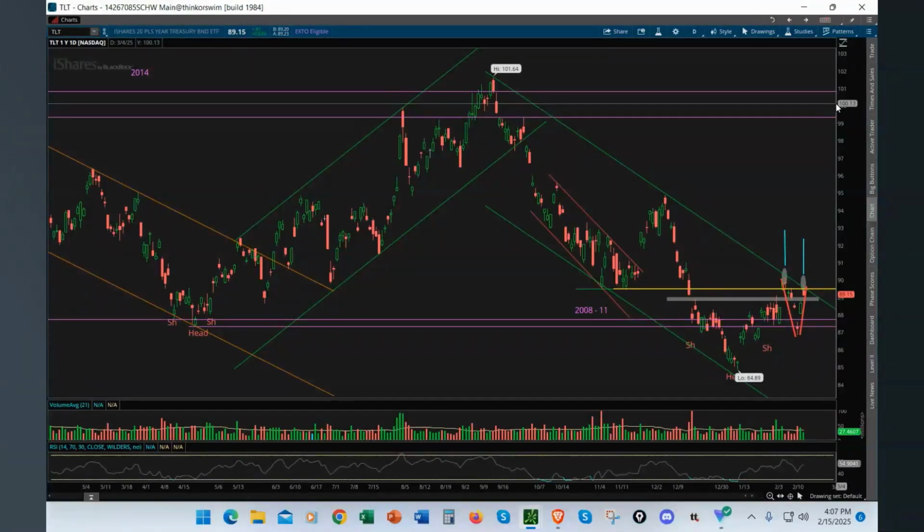It will be the third test, and it's the old knock knock and the door opens hypothesis there. So I'm just going to assume that the return to that $100 level, if it happens, will be more significant and more likely to be broken. So obviously that's a ways down the road, and we need to break this channel first.